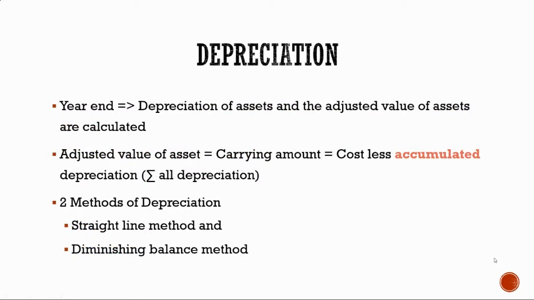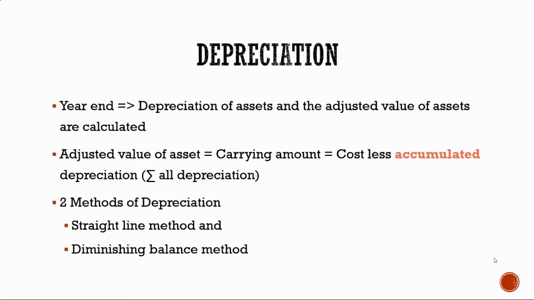Now, if we talk about depreciation as such, at year end we do the calculation for your assets. So we depreciate your assets and then adjust the value of the assets based on the depreciation calculated. To adjust that value, we call that the carrying amount. Your carrying amount is the original cost of that asset, less your accumulated depreciation.